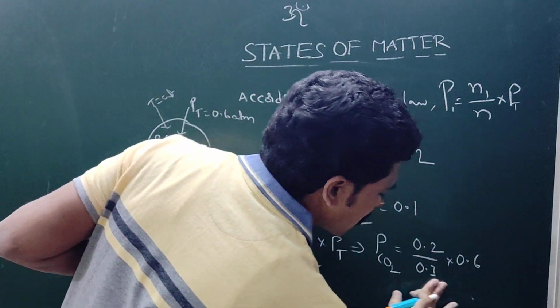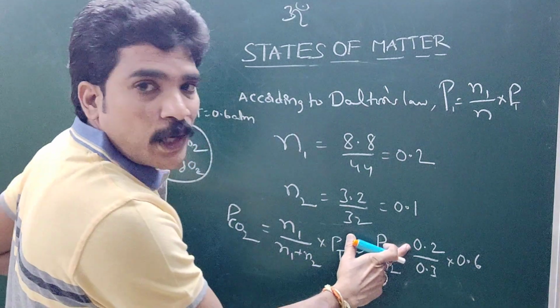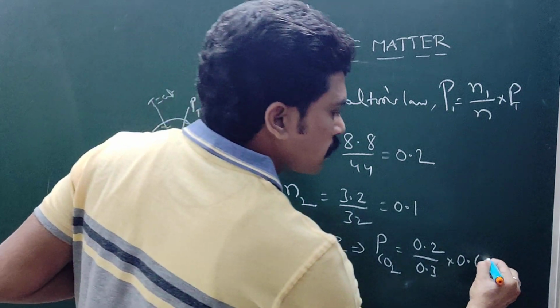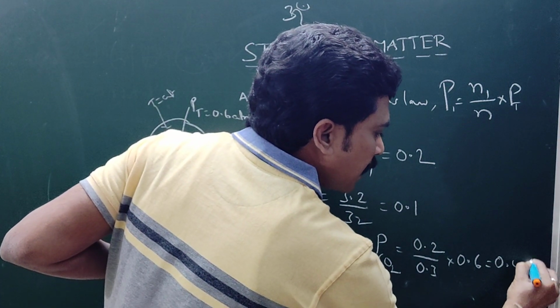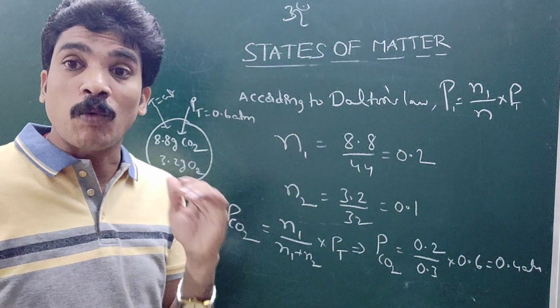You can write the answer here: partial pressure of carbon dioxide is equal to 0.2 by 0.3 into 0.6, that is 0.4 atm.